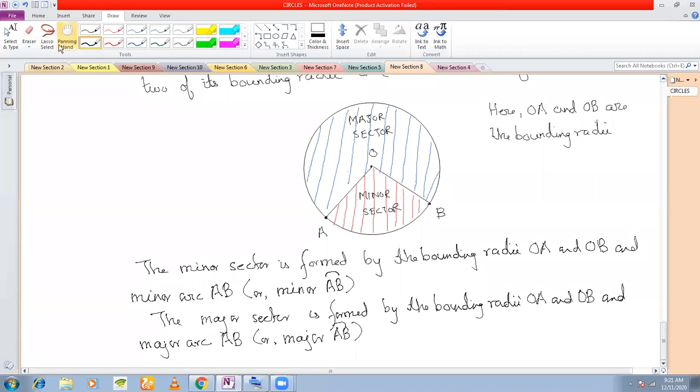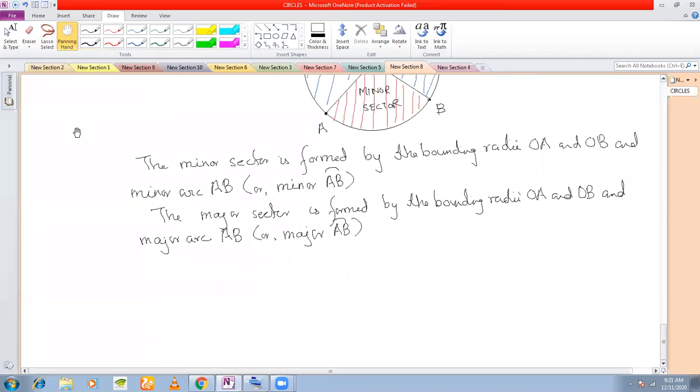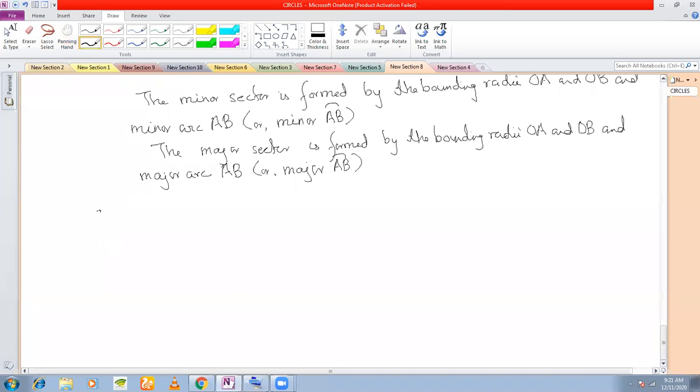Next, we come to the segment of a circle. What do you mean by segment of a circle? A chord, any chord in fact, divides a circle into two parts.